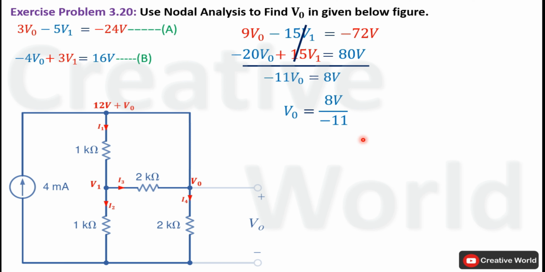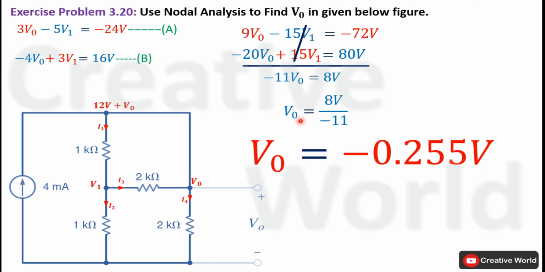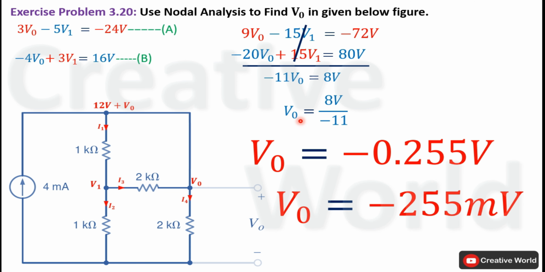Solve this equation to find out the value of V0, that will become minus 0.727 volt. We can write it in the form of millivolt. So V0 will be equal to minus 727 millivolt. Here this minus sign along with the value of V0 is indicating that voltage polarity across this resistance is taken wrong.